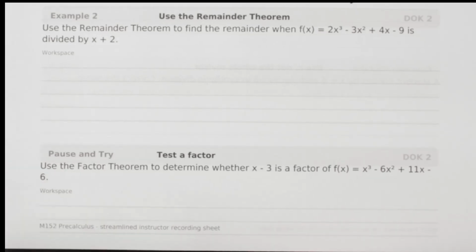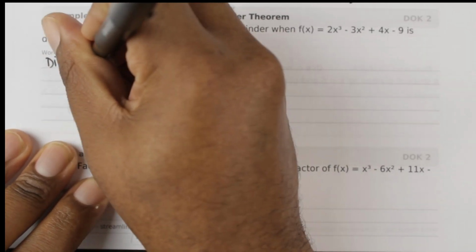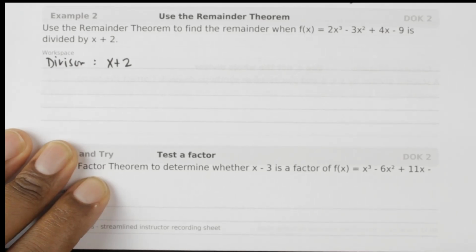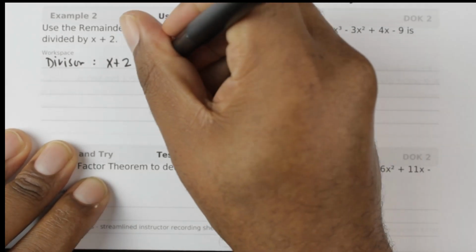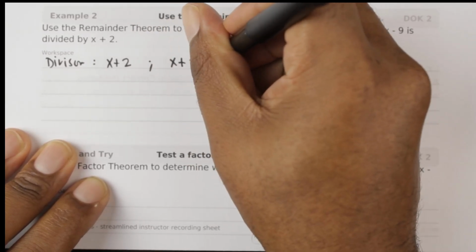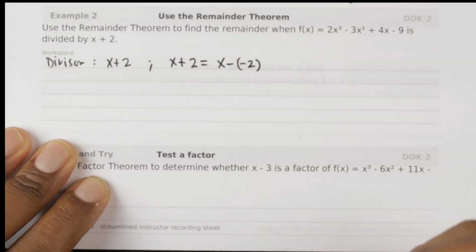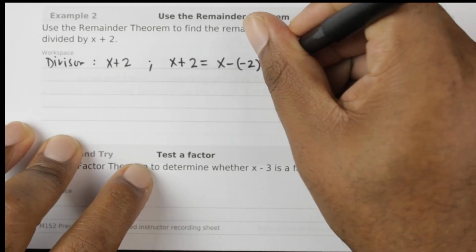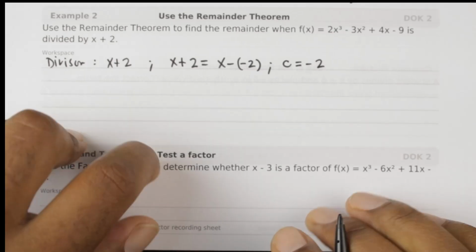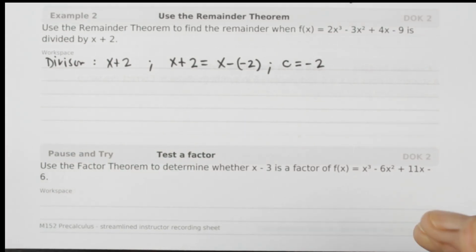Here the divisor is x plus 2, so we want to rewrite that as x minus a negative 2, so that we can identify that c is equal to negative 2. Now we're going to use the function at negative 2.